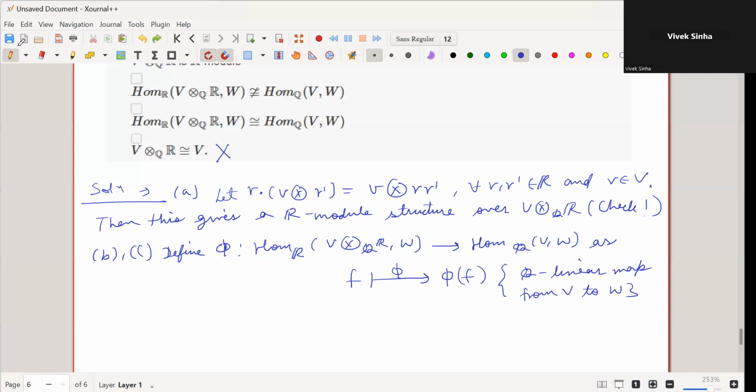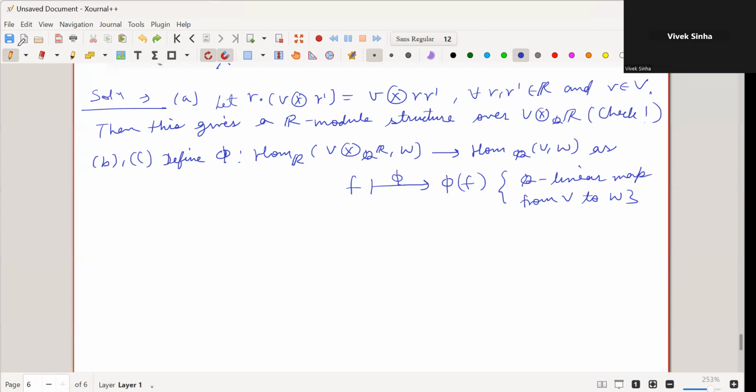Second side, what we will do: define phi prime from Hom over Q of V comma W to Hom over R of V tensor Q R comma W. Oh, here it should be R over Q. Now we are trying to define the inverse of this map.